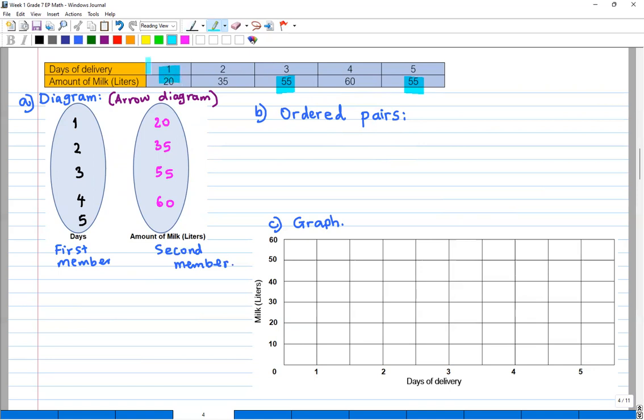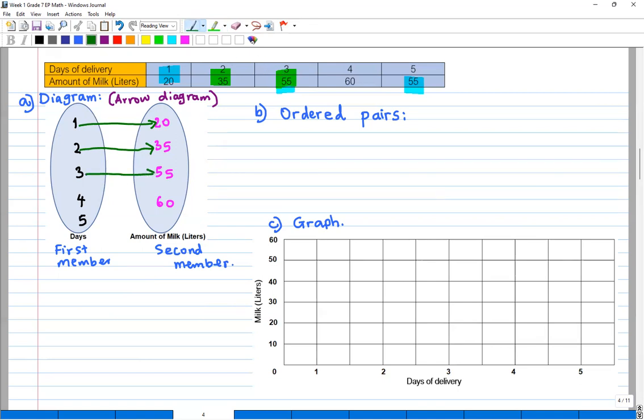Okay, now you see that we have got 1, 20. So 1 matches up to 20. So we draw an arrow like this. Let me use another color. So we draw it like this. Then we have 2, 35. So let's draw that, 2, 35. Next, we have 3, 55.